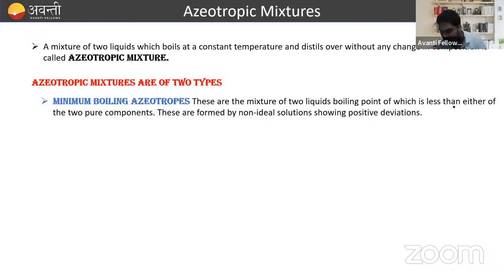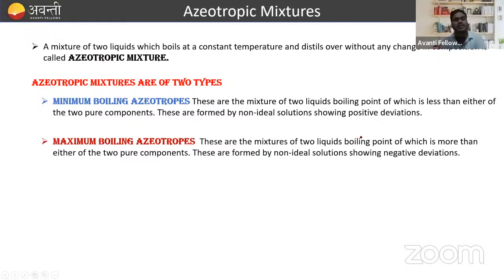So this is all about minimum boiling azeotropes. Now, examples of minimum boiling azeotropes are similar to the non-ideal solutions showing positive deviation, so their examples are the same as for positive deviation.